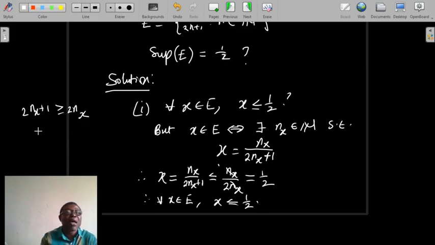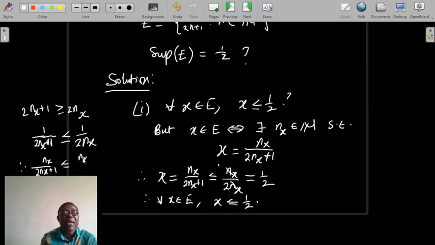If we take reciprocals, we get that 1 over 2n_x plus 1 will be less than or equal to 1 over 2n_x. Then multiplying both sides by n_x, we get that n_x over 2n_x plus 1 will be less than or equal to n_x over 2n_x, and this gives us nothing but 1 over 2.